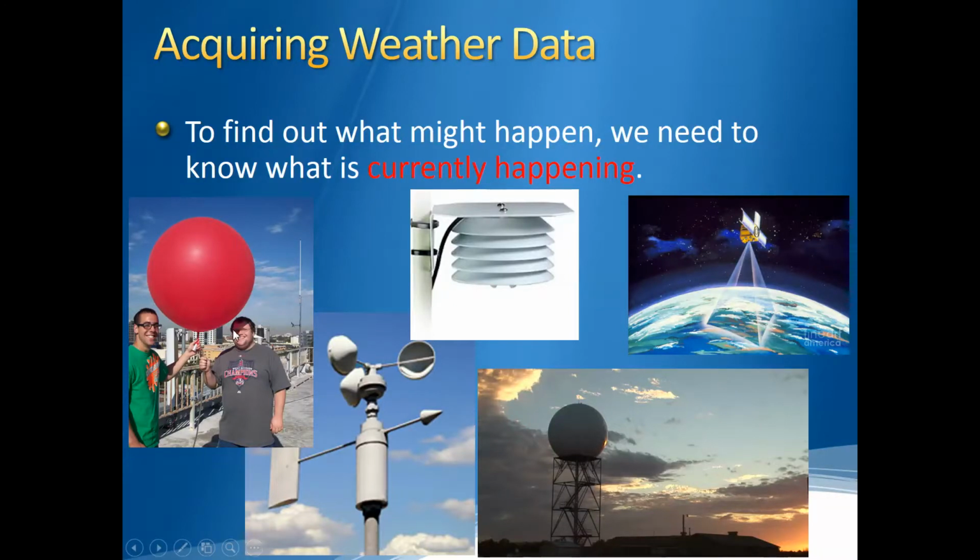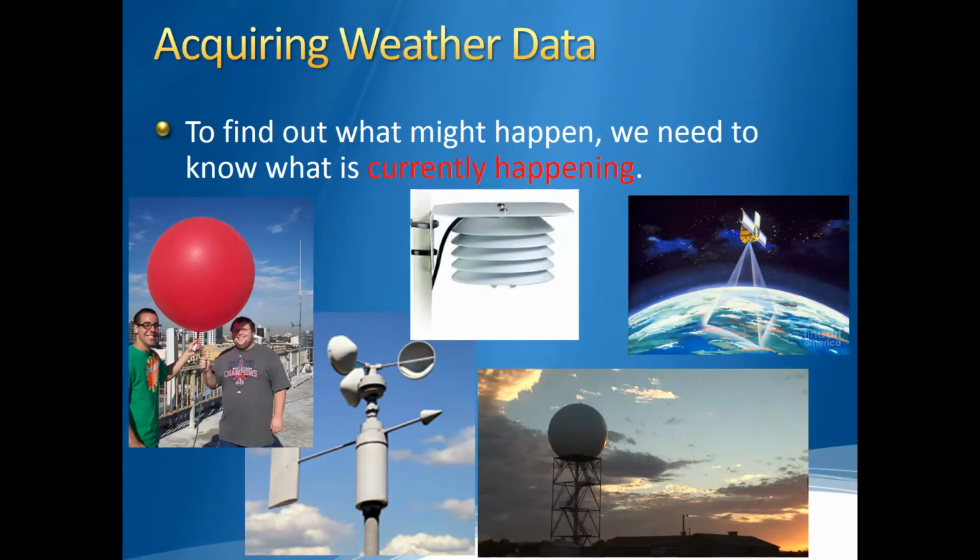You also have people launching weather balloons into the atmosphere, getting readings of weather conditions in the upper atmosphere. And even for locations that don't have a weather station, there are satellites flying over us right now that are gaining large-scale observations of weather systems and weather conditions.